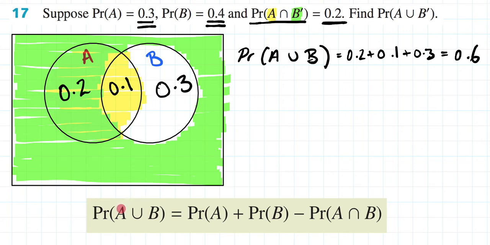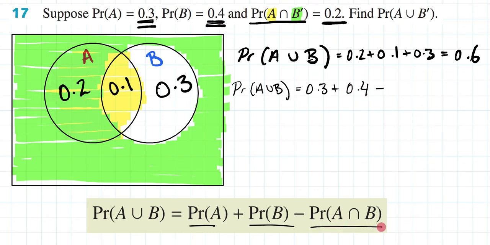I could have also used my addition rule. The probability of A union B is equal to the probability of A, which is 0.3, plus the probability of B, which is 0.4, minus the probability of the intersection of A and B, which is 0.1.